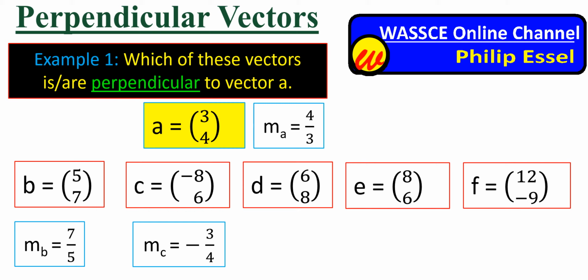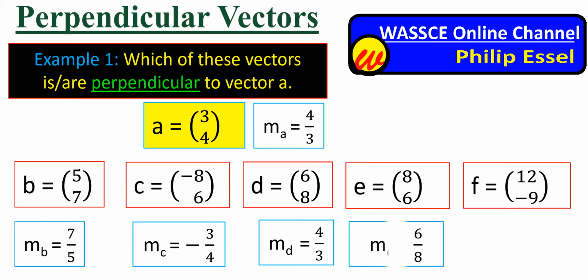The gradient of the vector D would be 8 divided by 6. When we break this down further, we would get 4 divided by 3. The gradient of our vector E would be 6 divided by 8. When we break this down further, we would get 3 divided by 4.